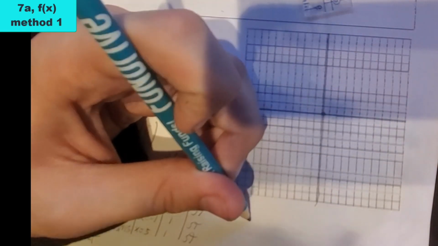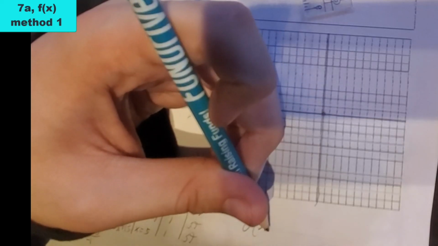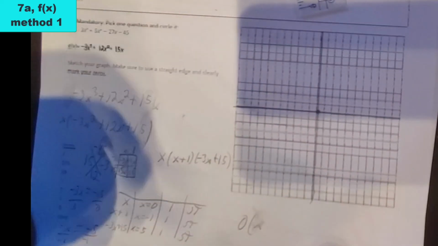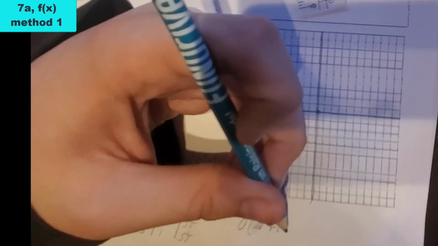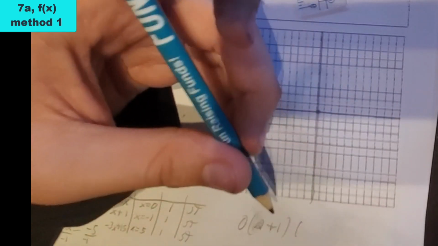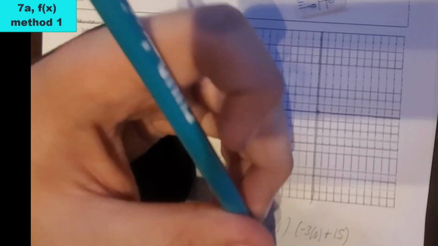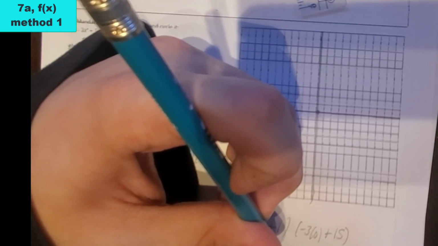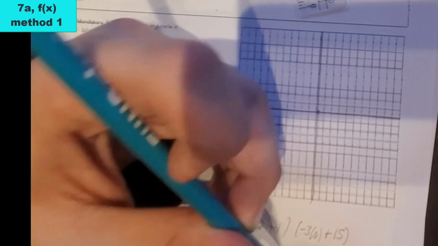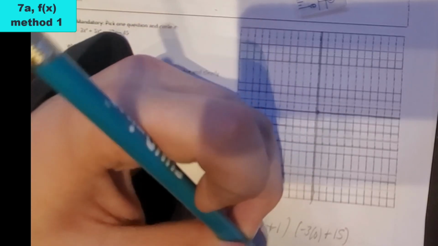Now, that's shown here: 0, times the quantity 0 plus 1, and then negative 3 times 0 plus 15, then we have 0 times 1, and then 0 plus 15.